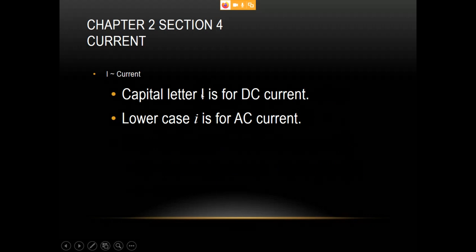Capital I indicates the current for DC, and when we get to AC next semester, we'll use lowercase i to indicate alternating current. And you can actually have both DC and AC currents in the same circuit.